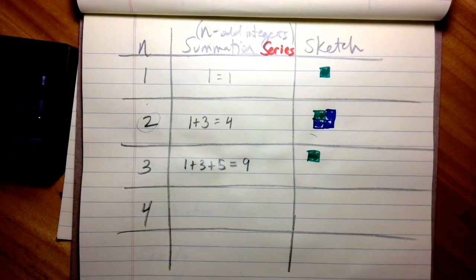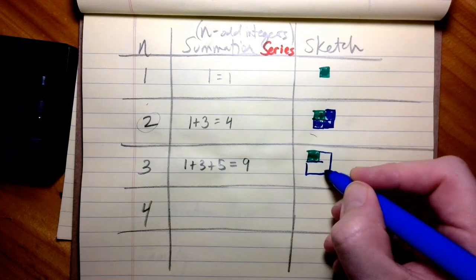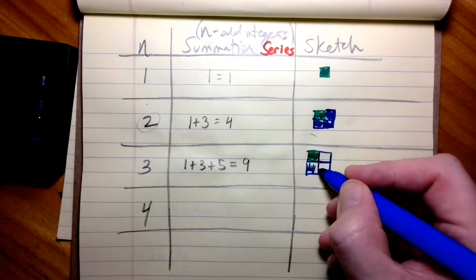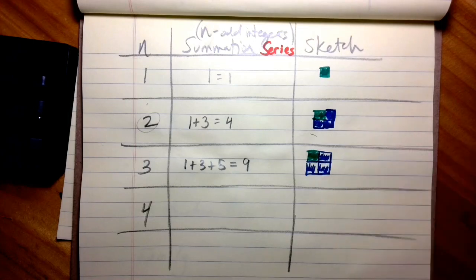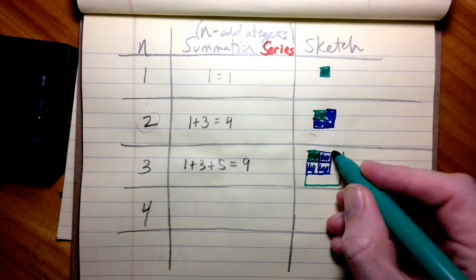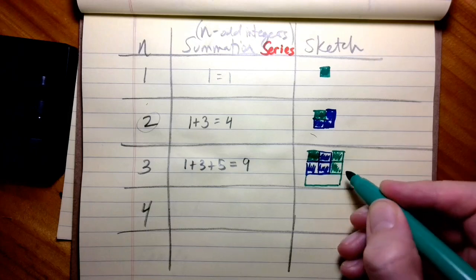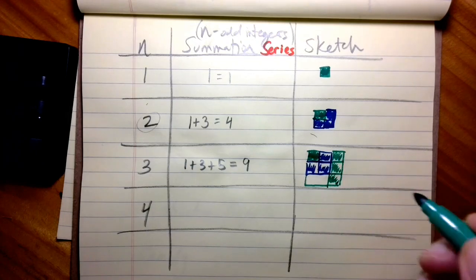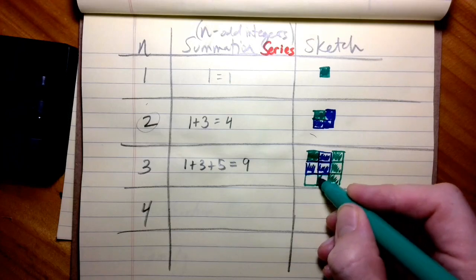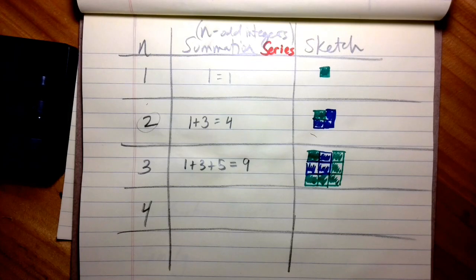Then we've got those 3 blocks. And now we've got 5 blocks to add, which we can add this way. 1, 2, 3, 4, 5. And we get a sketch.